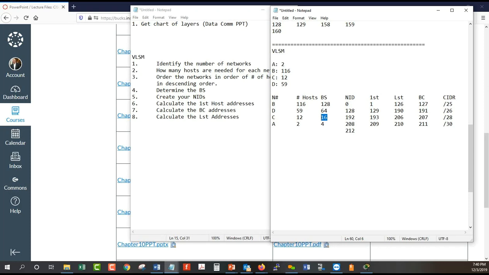And then there's nothing for A. I needed 2. The block size was 4. So 4 minus 2 gives me 2. So that's exactly what I need, 2. Did I answer your question, or did I just blow right past that?